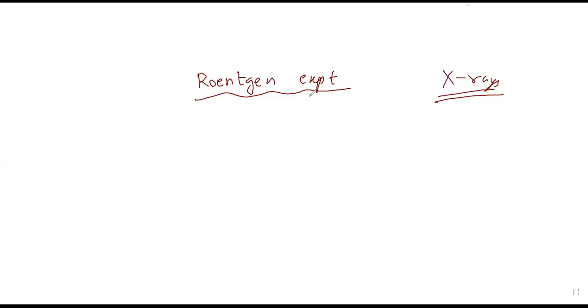So Röntgen found that some energetic rays were coming out. Just because of their unknown nature, he termed them X-rays, and till now we are using the name X-rays in honor of Röntgen, because we could rename it, but we are not doing it, just to give credit to the person who discovered it, right?